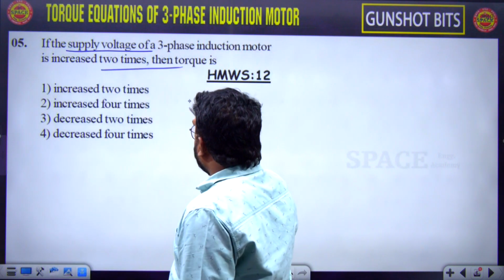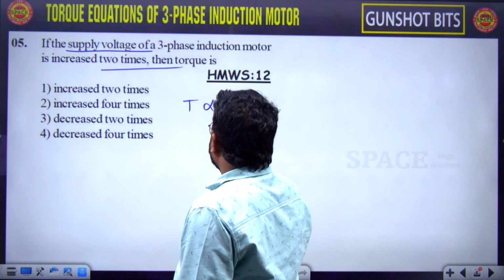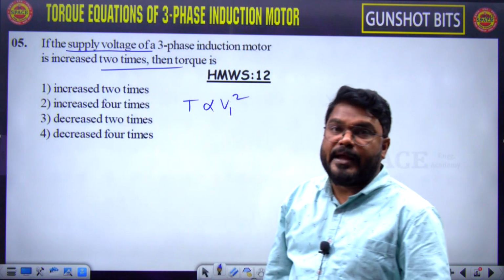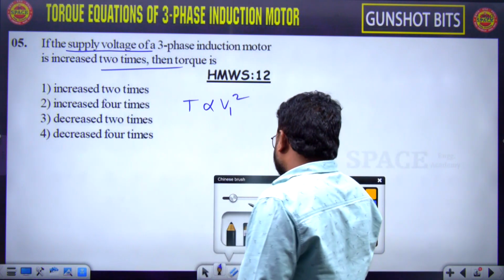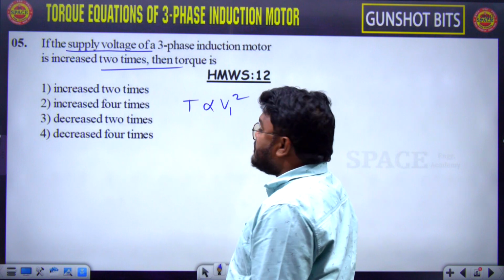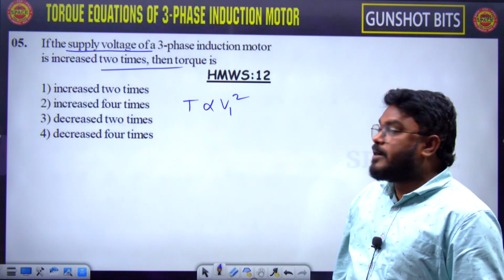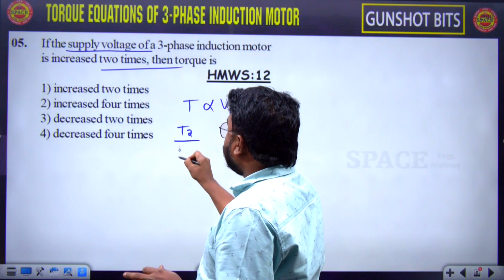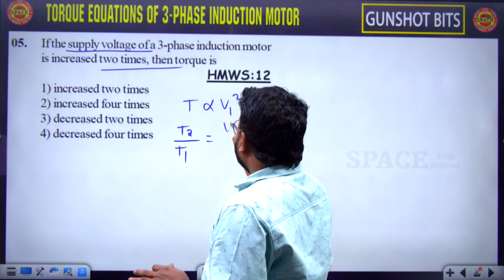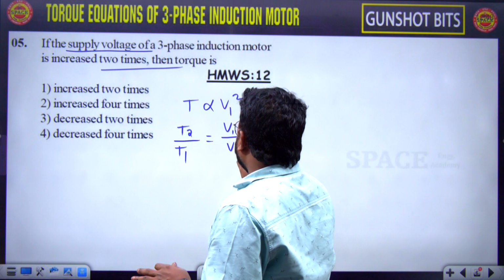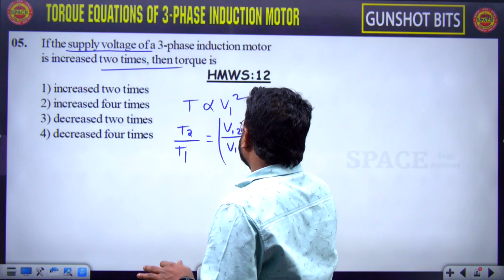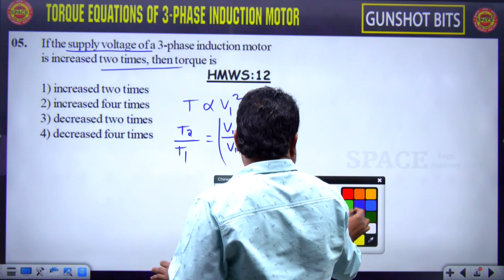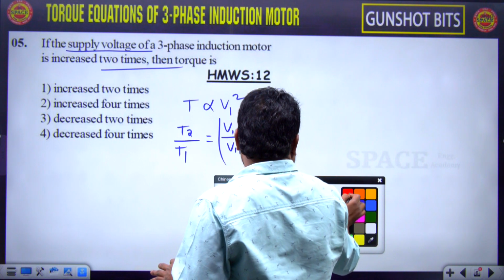The torque produced by the motor is directly proportional to the square of the applied voltage. So from here we can get T2 by T1 is equal to V1 in case 2 divided by V1 in case 1, the whole square.